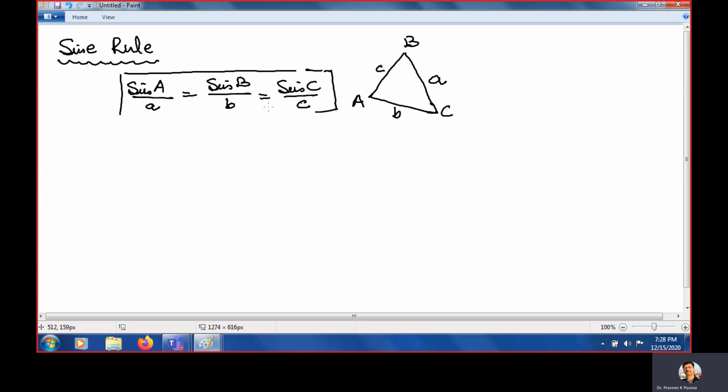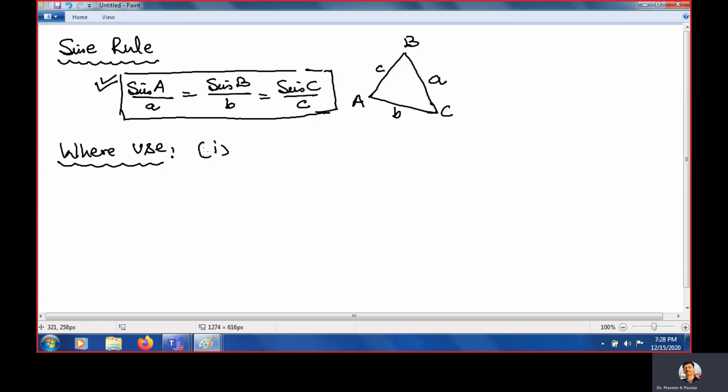Sine of angle upon the value of the side. This is called the sine rule. This you need to remember. Okay. Now the question comes, where can we use it? There are two conditions when we can use it.